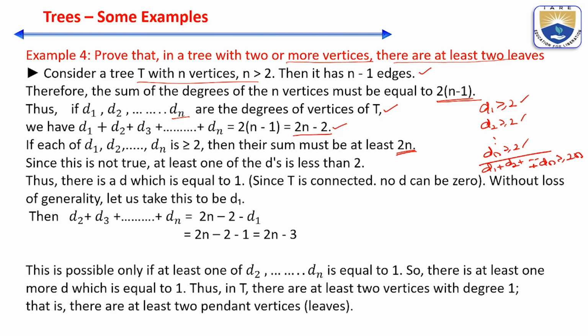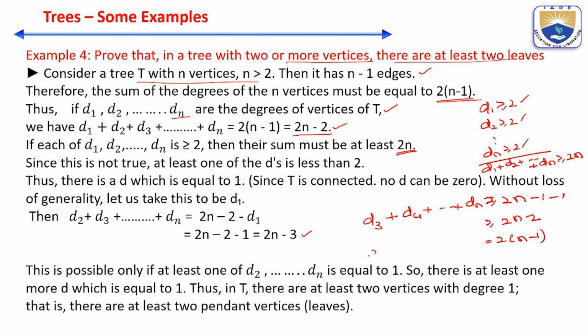Subsequently, we can consider if the degree of d1 is 1 and the degree of d2 is 1, then I can consider d3. Suppose d1 is 1, then d3 plus d4 plus and so on plus dn is greater than or equal to 2n minus 1 minus 1, that is 2n-2, which is 2 into n-1.